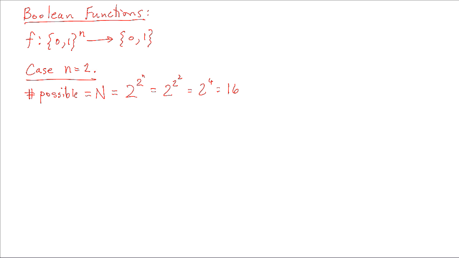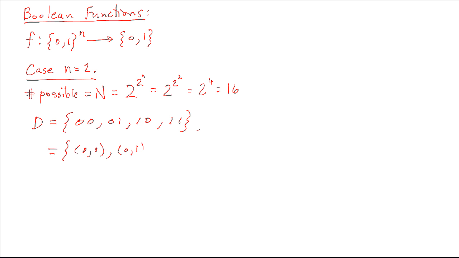And what I'm going to do then is say that my domain, just to remind you, is the set of 4 elements 0,0, 0,1, 1,0, and 1,1. We're going to call those P and Q. So we could use the full notation and write them out as ordered pairs rather than the shorthand.